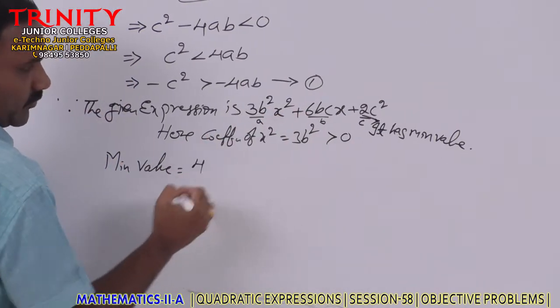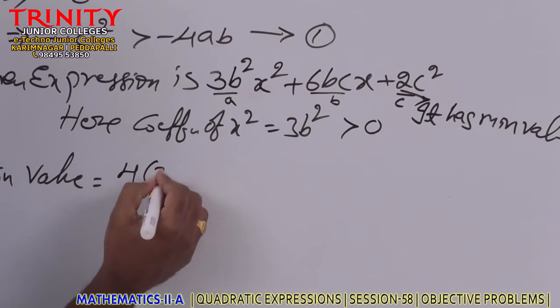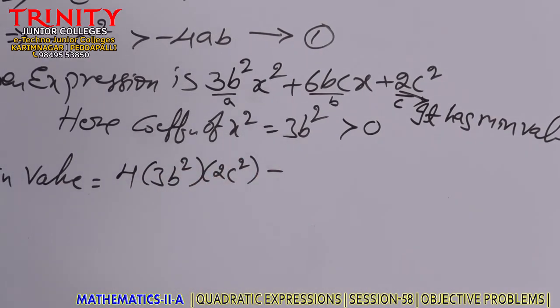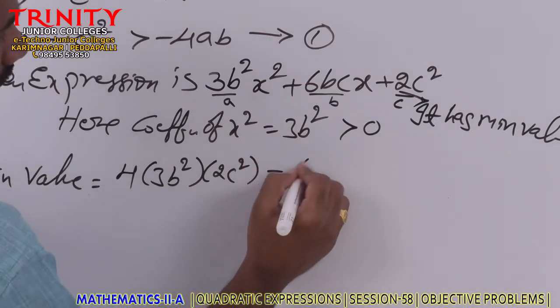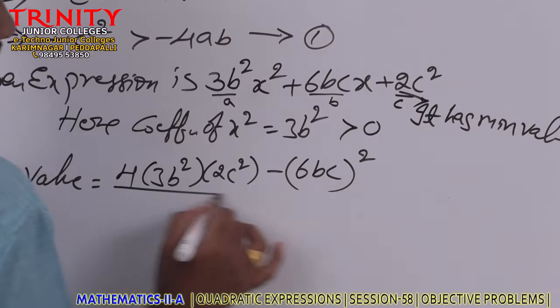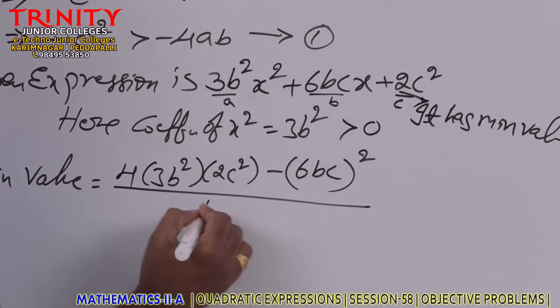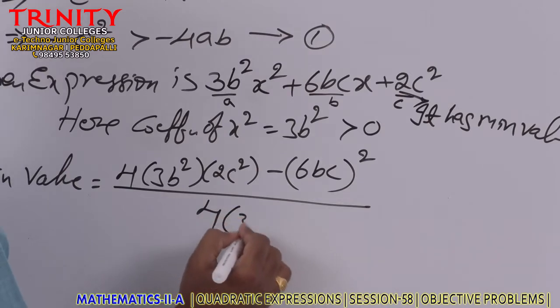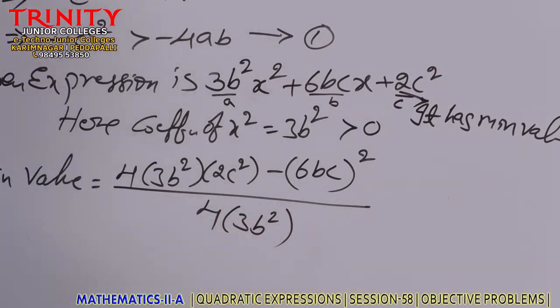So 4 times a times c, minus b square, that is 6bc whole square, by 4a.